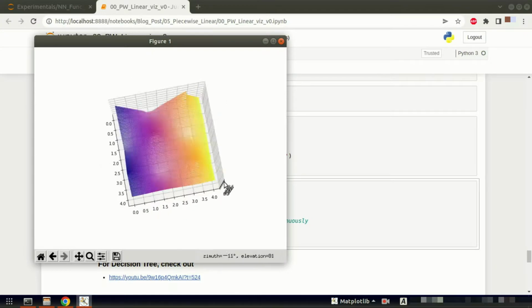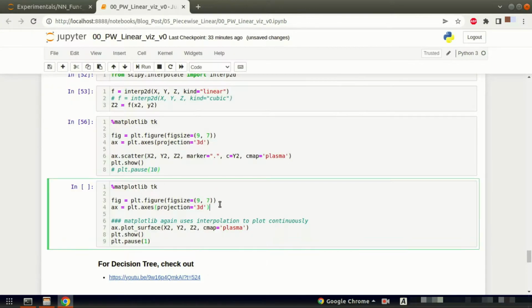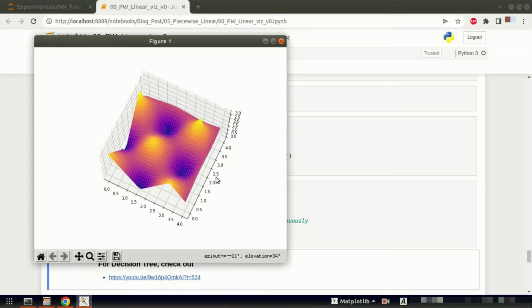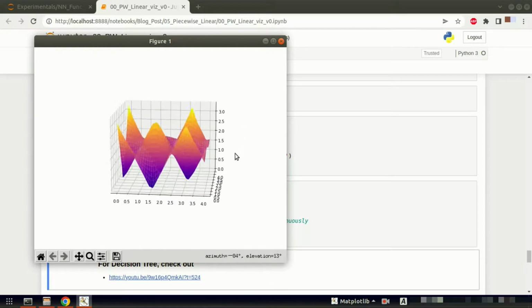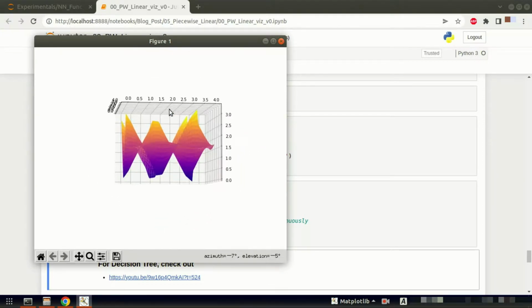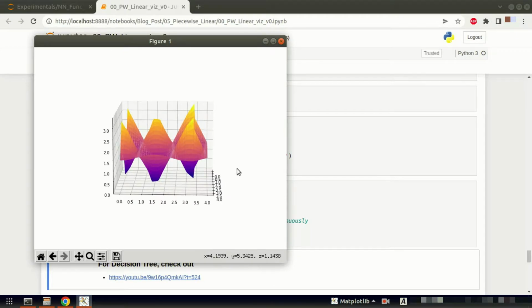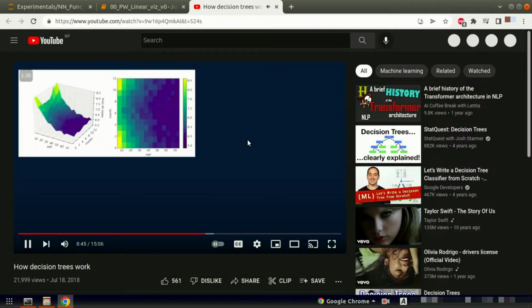So this is two-dimensional interpolation, and we can also see the surface that formed from the interpolation, right? From linear interpolation. So we can do 2D interpolation as well. We can also perform interpolation using decision trees. In 2 dimensions, I have found a resource on YouTube.